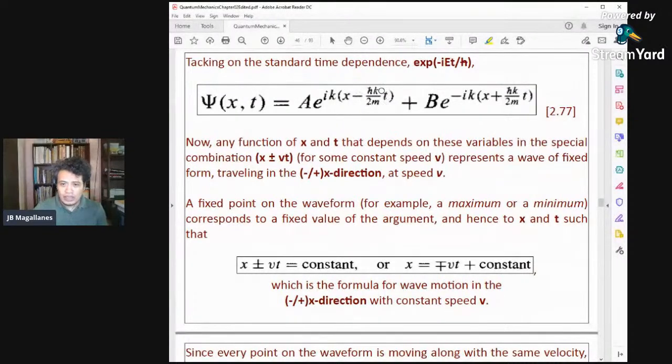So this one here, the h bar k over 2m looks like a velocity. It's a velocity here. But this one is going to the right, and this one is going to the left.